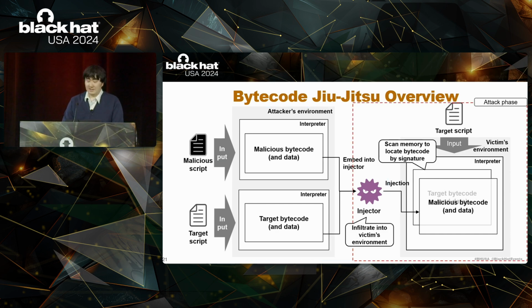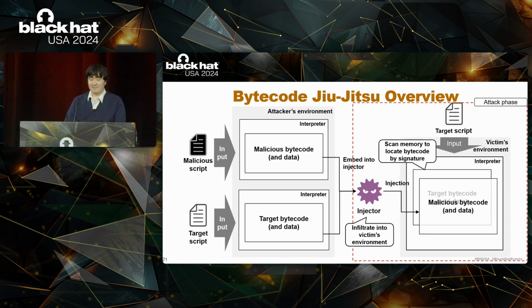In the attack phase, on the right side in this figure, the attacker sends the injector into a victim environment somehow. The injector runs an interpreter with a target script. Right after that, the interpreter loads benign bytecode into its memory space.